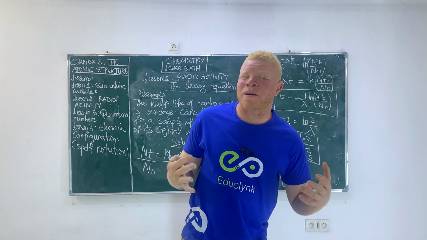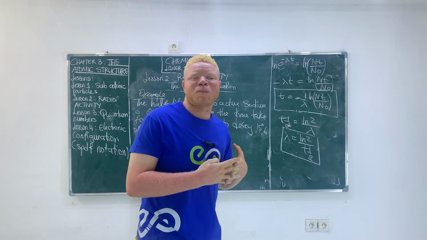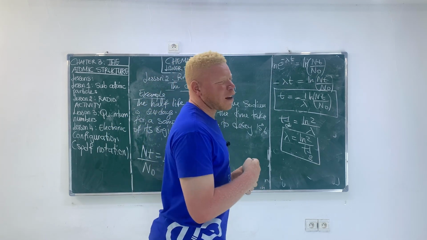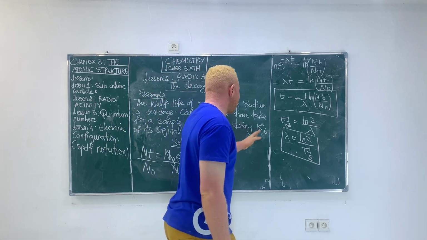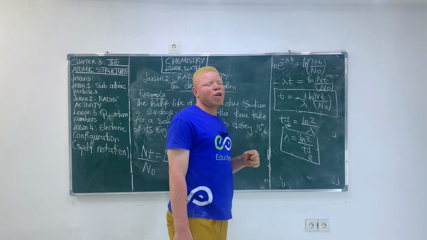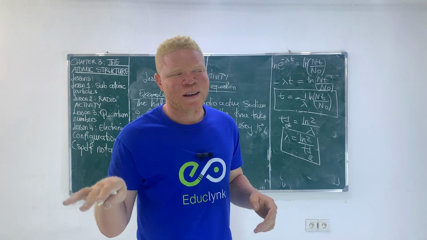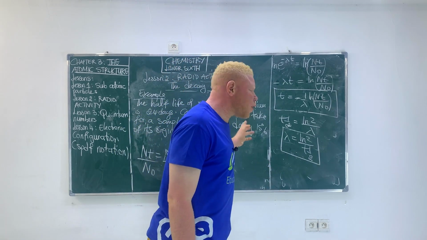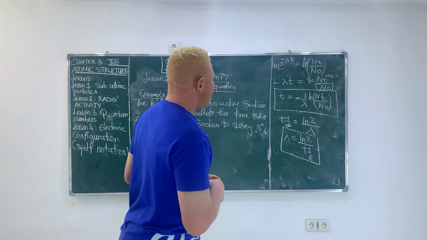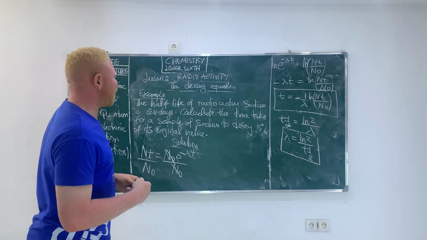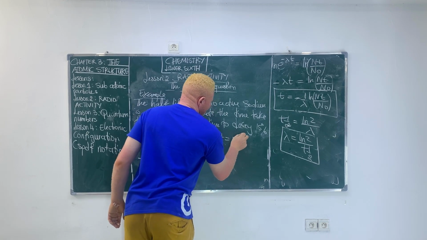If we are talking about percentages, originally N_0 is 100%. But as time passes, the 100% keeps on decreasing until it reaches 15%. So the question is asking us to calculate the time taken to drop from 100%, which is N_0, to 15%, which is N_t. So N_t in this case is 15%.